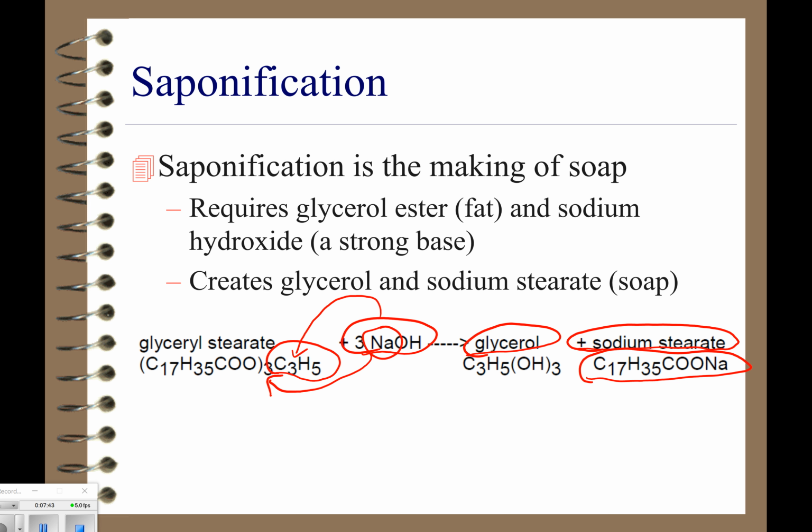And what that does is make this end a positive dipole. The end over here is nonpolar. And this is the reason why soap can dissolve fat and water together. The nonpolar end of this molecule, the long 17 carbon chain, is nonpolar and therefore allows nonpolar solutes to dissolve into it, like fat or grease.